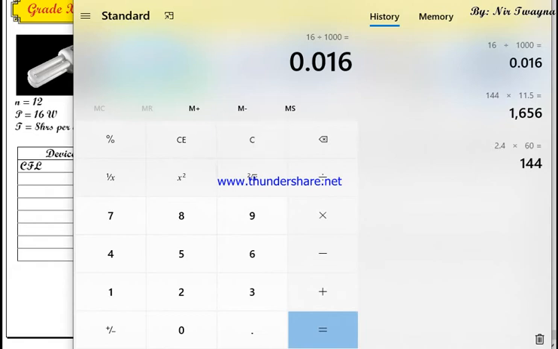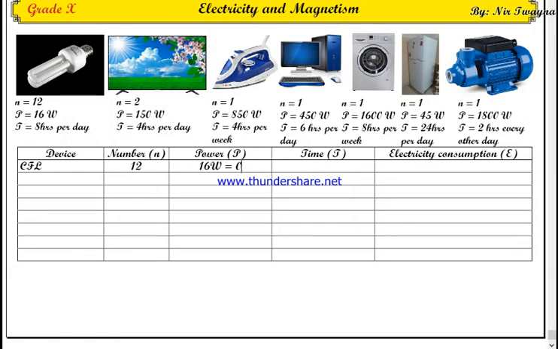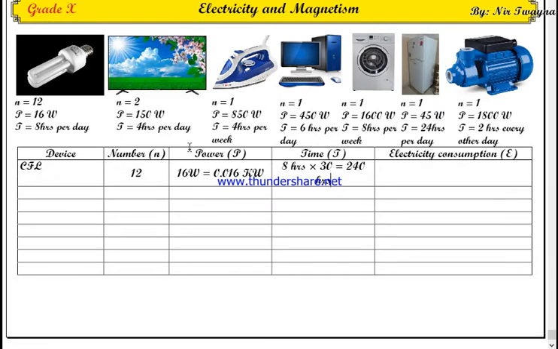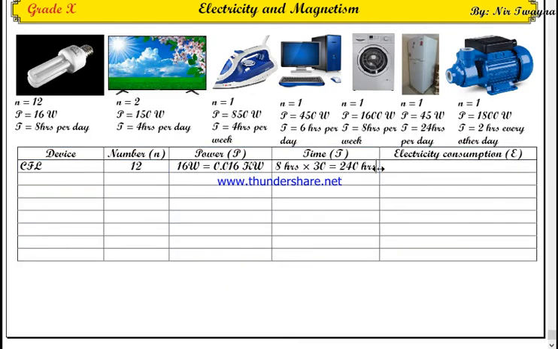How much do you get? 0.016 kilowatt. For what amount of time is it used? 8 hours per day. In 1 month it will be 8 into 30, 240 hours. Got it or not? 240 hours. Any confusion?